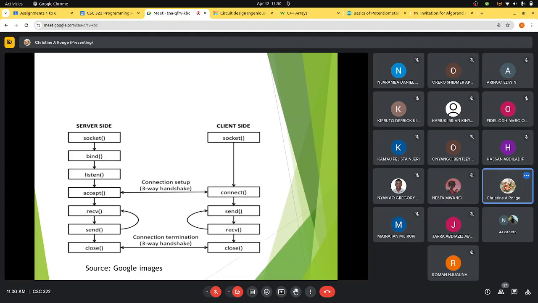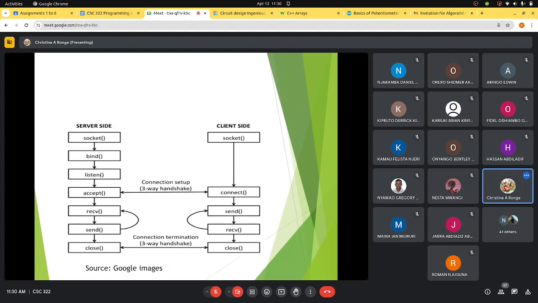So at the point that the client issues a connect command, remember we did last time the three-way handshake, that because of the unreliability of the internet, we need a three-way handshake. So when the client issues a connect command, a SYN message or packet will be sent to the server side. The server will be told that there's a client wishing to connect to it.